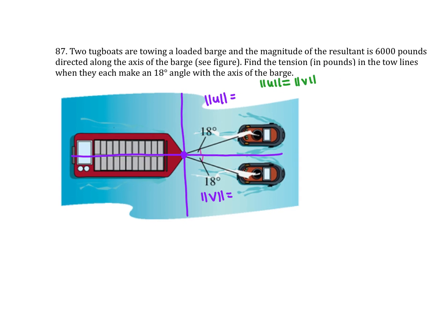The angles we do know: for the first tow line it is positive 18 degrees, and for the bottom tugboat that is negative 18 degrees. Now we also have our barge here, and it was 6,000 pounds, so I'm going to call this W, the magnitude of W of this barge is 6,000, and it is really moving this direction, so we can call that theta.